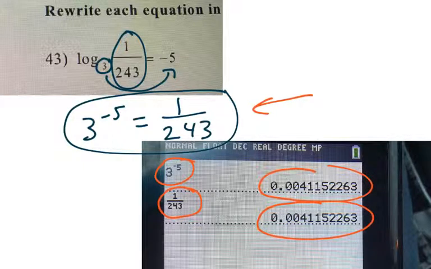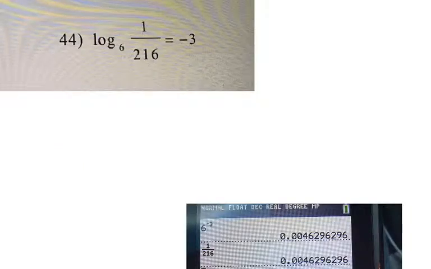Okay, let's take a look at another one, 44. Notice there's a 6 there for my base. So couldn't I say 6 to the negative 3 power equals 1 over 216?